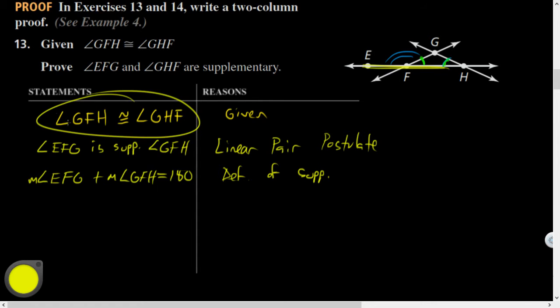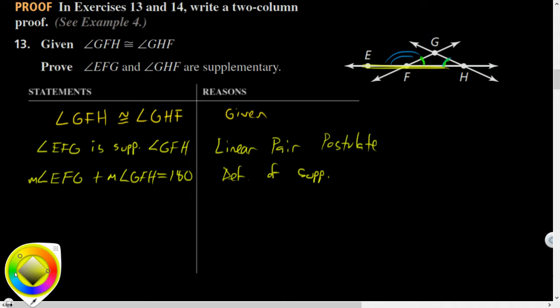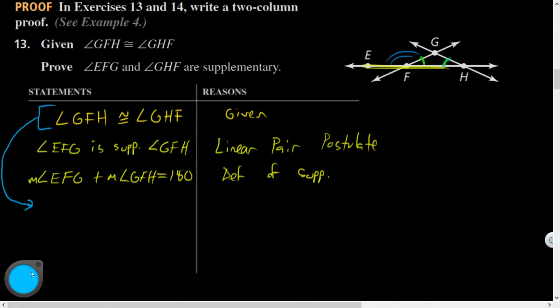And because these two angles are congruent, I'm seeing an opportunity to pull this in here in a moment. If those angles are congruent, what could you say about their measures? Those measures are equal, so the measure of angle GFH is not congruent, but equal to the measure of angle GHF, right? That is def of congruent angles, technically.